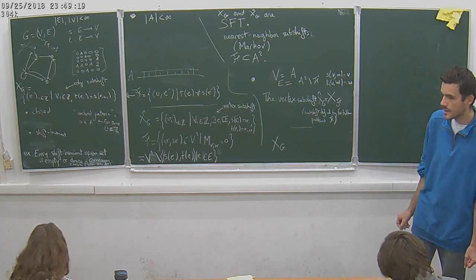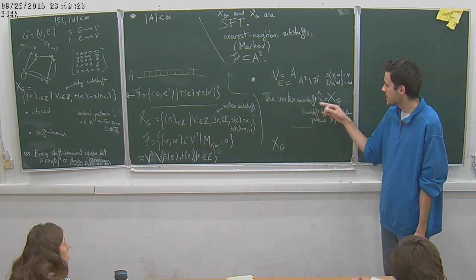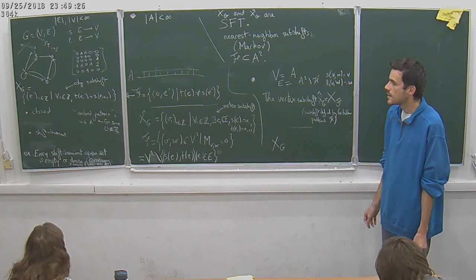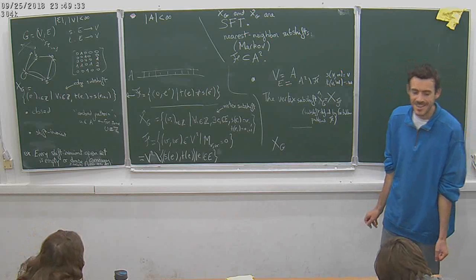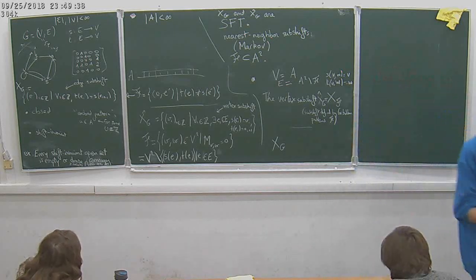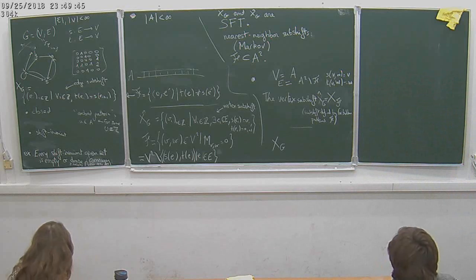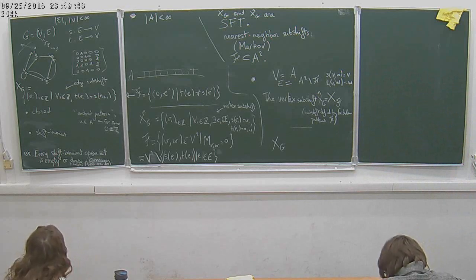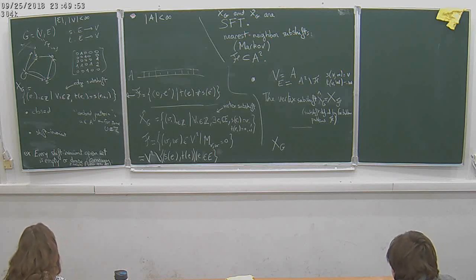So the first remark between X_G and X hat G: the sequences of all allowed pairs, the set of sequences from pairs of our not forbidden edges.